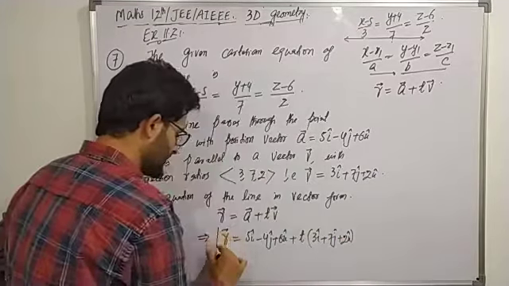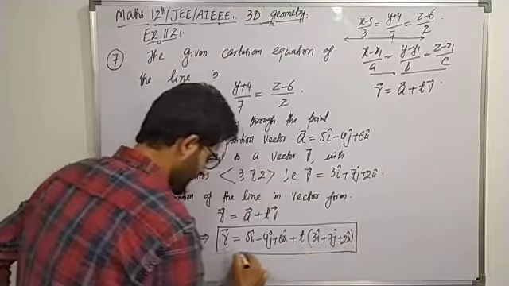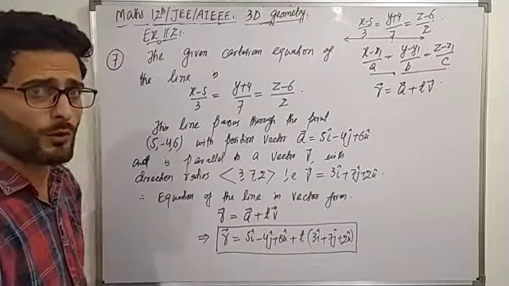This would be the required vector equation of the line whose Cartesian equation is given.